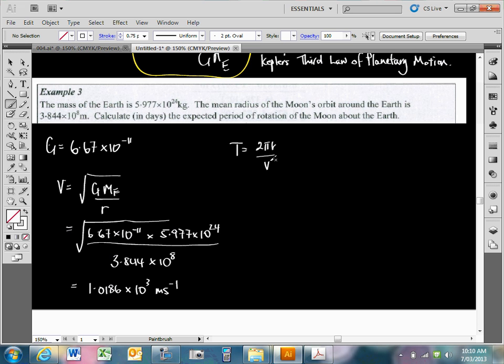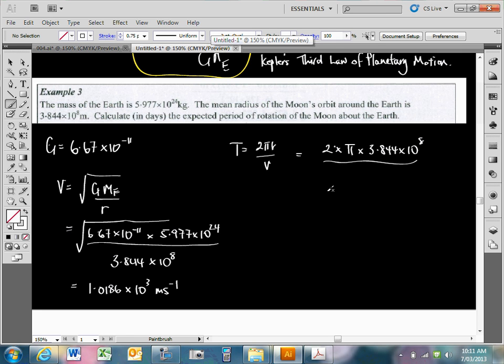2 pi r on our little v. Two times pi times r, which is 3.844 by 10 to the 8. Yeah, everybody's going to be inclined to use this Kepler's law of planetary motion.